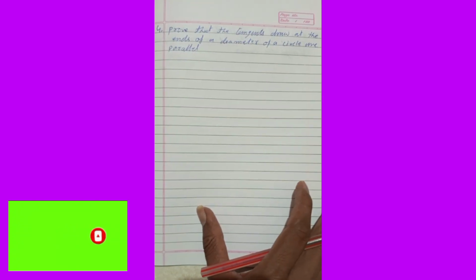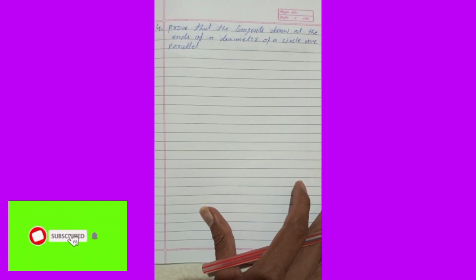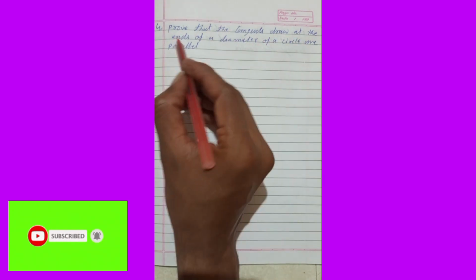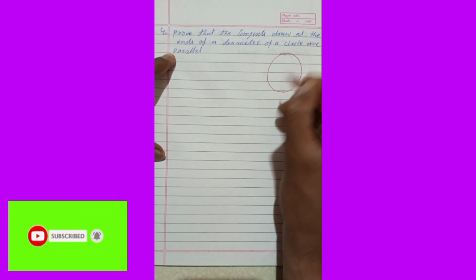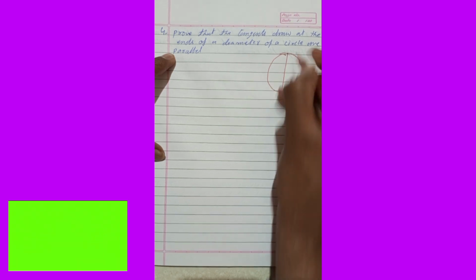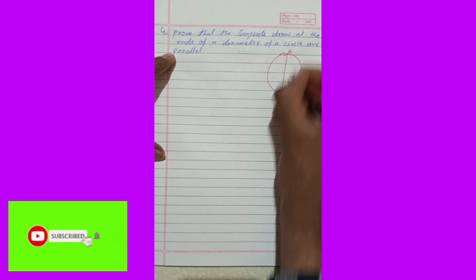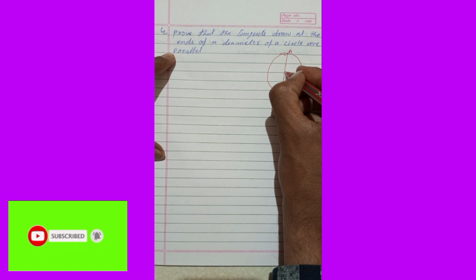Question number 4 says: prove that the tangents drawn at the ends of a diameter of a circle are parallel. Means, suppose there is a circle with one diameter AB, and O is the center.